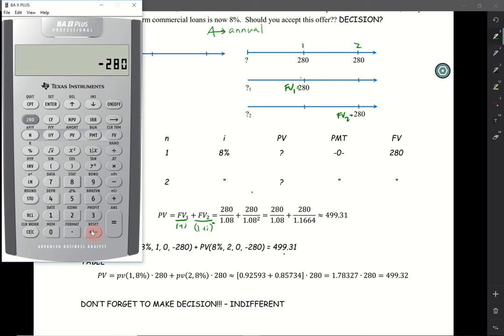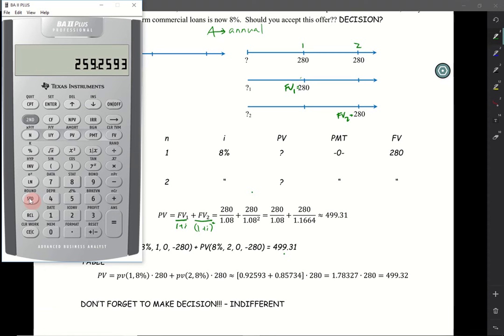So even though I would be receiving this, I want my present value to be positive, and I know that it's going to flip the sign around. So I'll just pop that in for the future value. So then I compute the present value. Okay. So actually, I think if I go equal, I can go back and have this number.